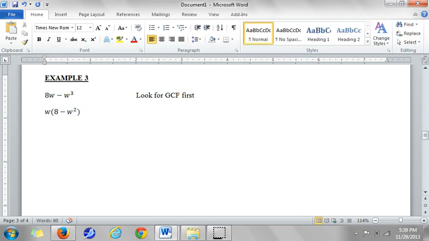Again, we can check by redistributing, and then we want to double check to make sure whether or not what's on the inside is fully factored. If this was a perfect square, then it would not be fully factored. We could go ahead and do the difference of two squares. But in this case, 8 is not a perfect square number, and so we can't take this any further. So this one's also finished.